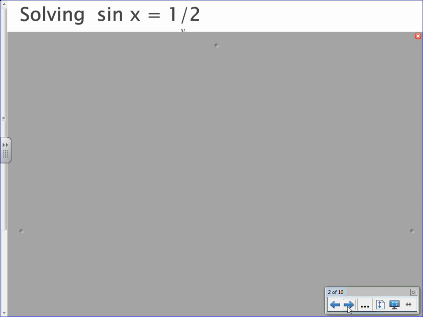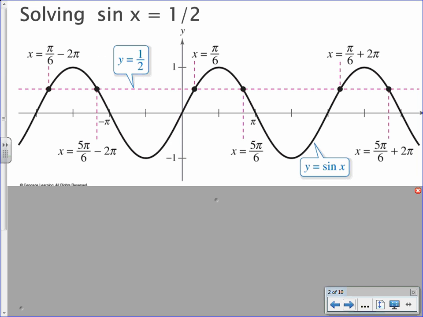Okay, let's think about this graphically. Here, you don't have to write this down, but here is the graph of y equals the sine of x. If we're talking about the sine of x equaling 1/2, we're talking about every time that our y value is 1/2. Well, sine is a periodic function, which means it repeats over and over. So we're going to have lots of times where that is 1/2.